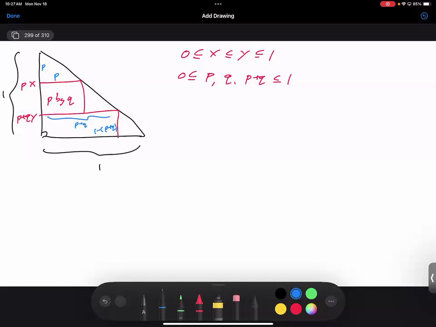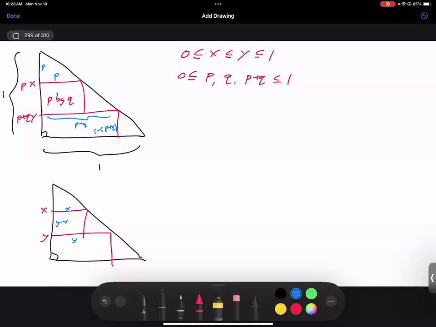So that's using the PQ coordinates. If we use the XY coordinates, and again, take a moment to just see which is best. It's okay if you can't instinctively look at the problem and know which is best. If I use this is X and this is Y, then this would be X over here. This would be Y minus X, right?